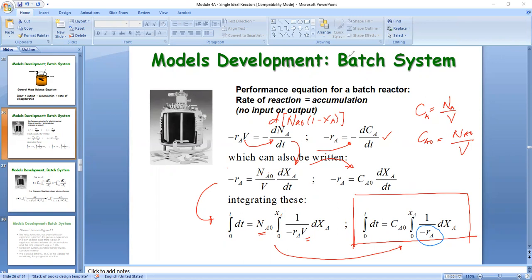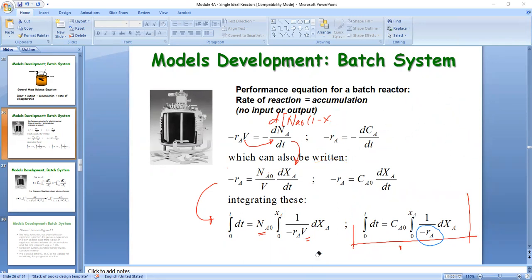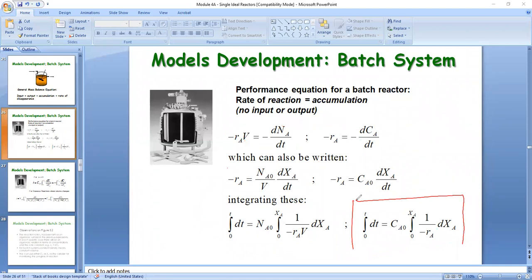How will you write it? I'll erase the markings here so I can write. I'll erase this one. So this is your performance equation in terms of conversion.